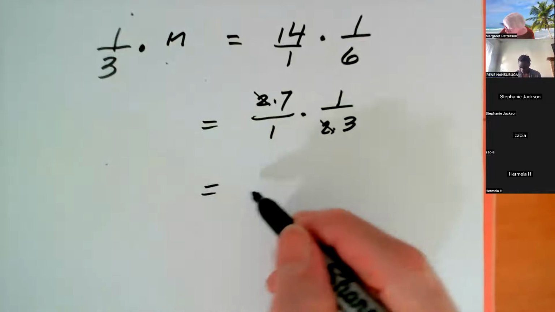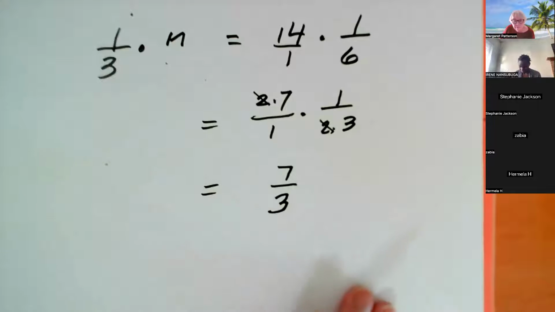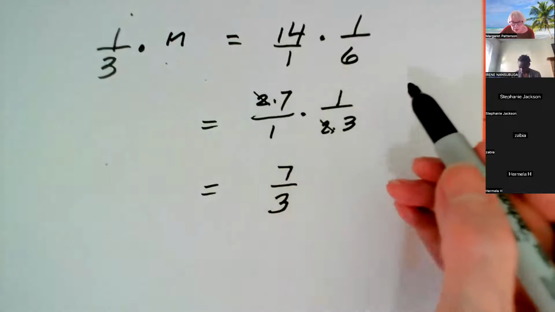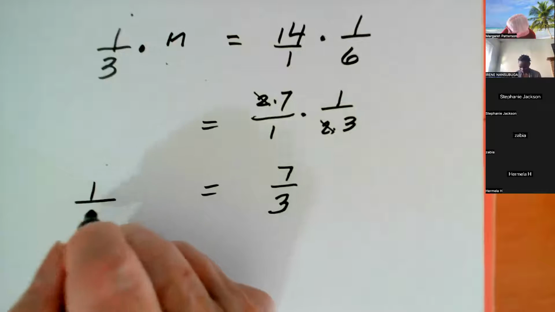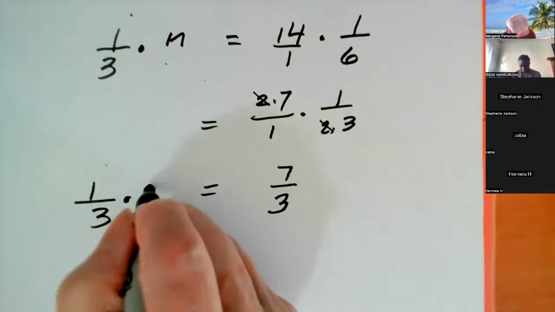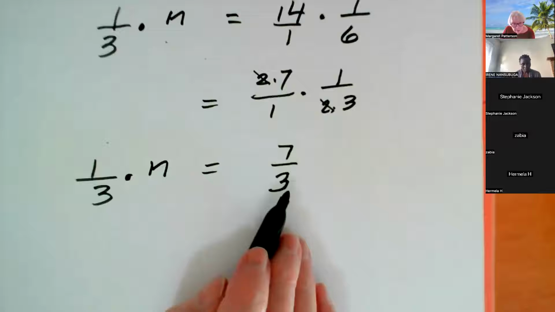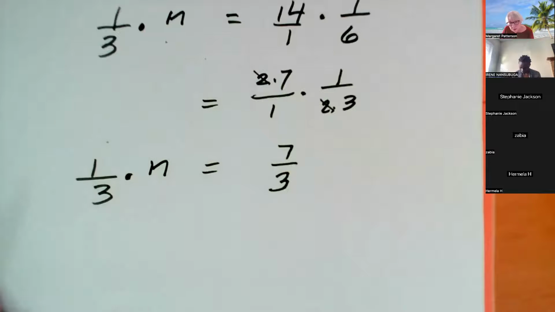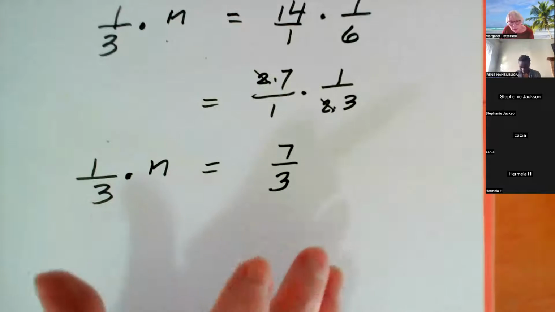So your answer ends up being 7 over 3. 7 times 1 is 7. 1 times 3 is 3. So this is 1/3 times n is 7/3.